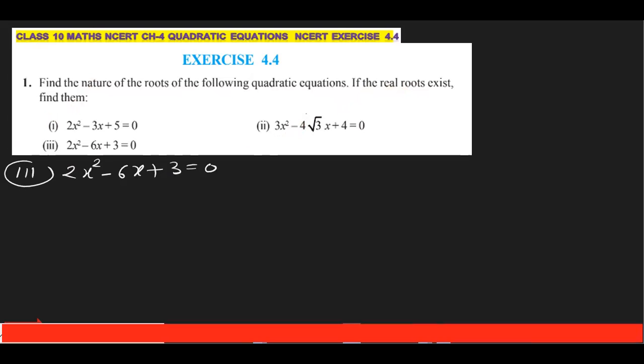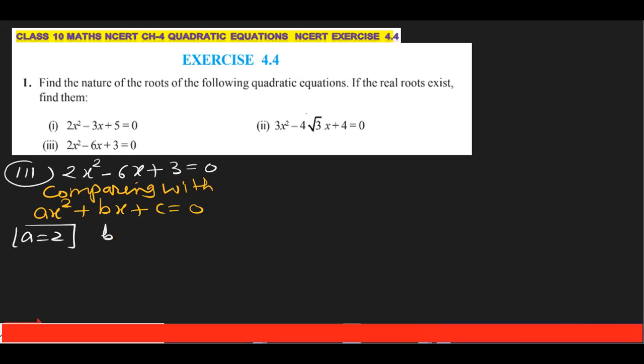Again, comparing with the standard form, that is ax square plus bx plus c is equal to 0, we have a is equal to 2, b is minus 6, and c is 3.